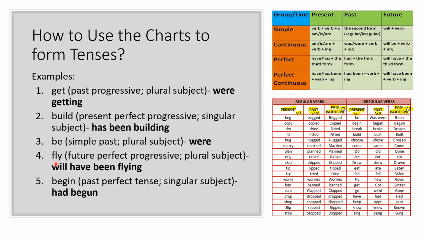Number 4, if your verb is fly and you are supposed to transform it into its future perfect progressive form, assuming that the subject is plural, then, okay, let's look at the chart. Future perfect progressive. So this is your formula. Will have been plus verb and then end it in ing.